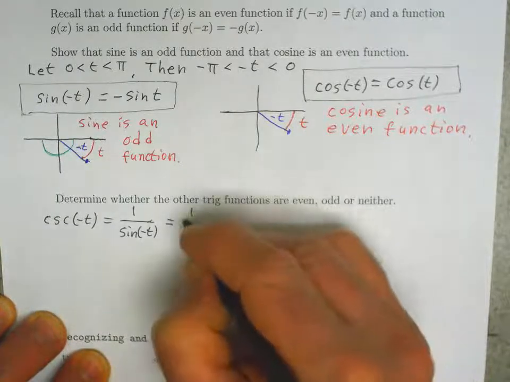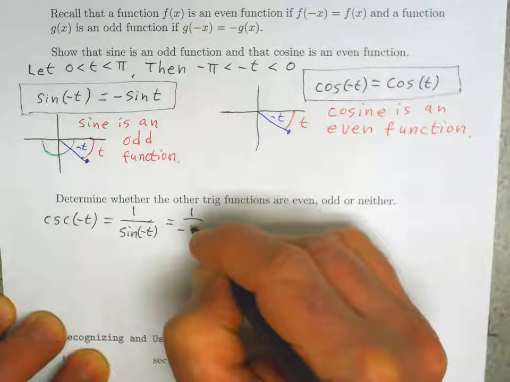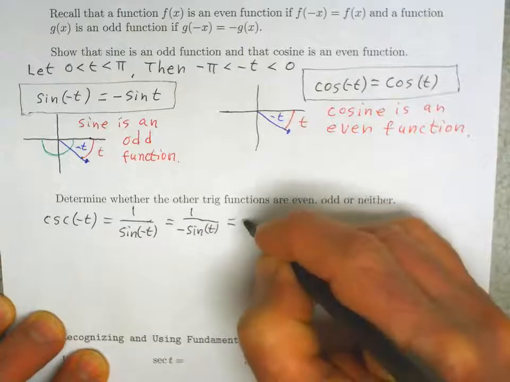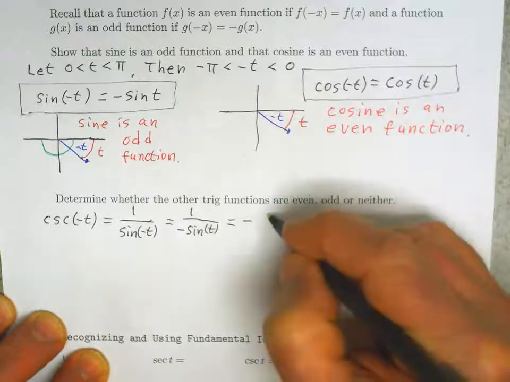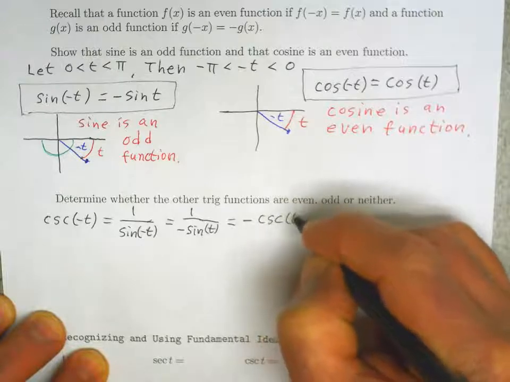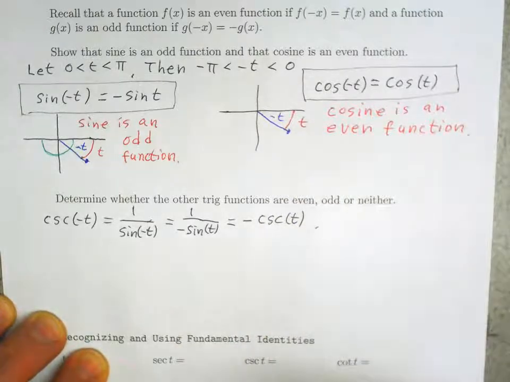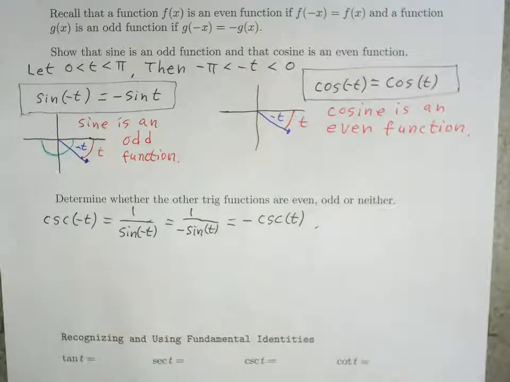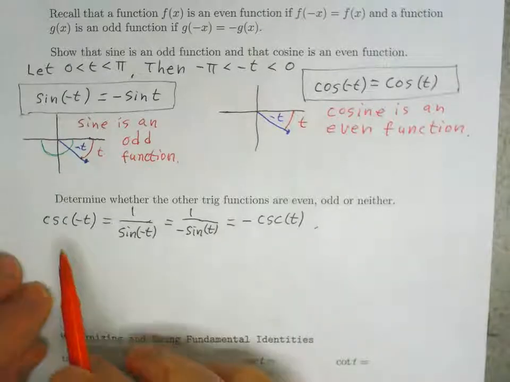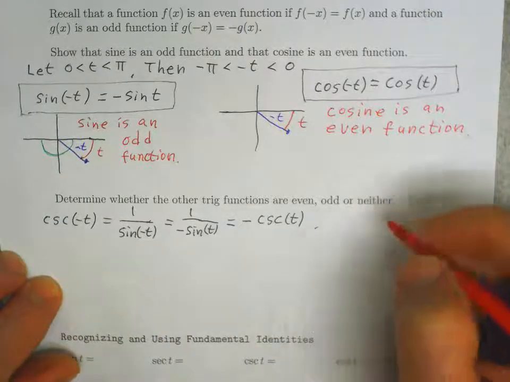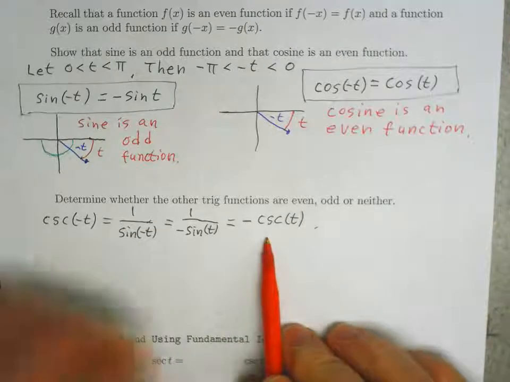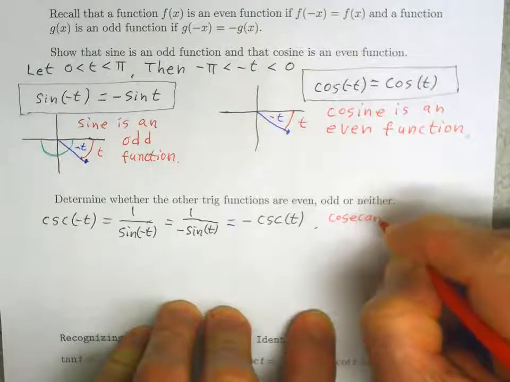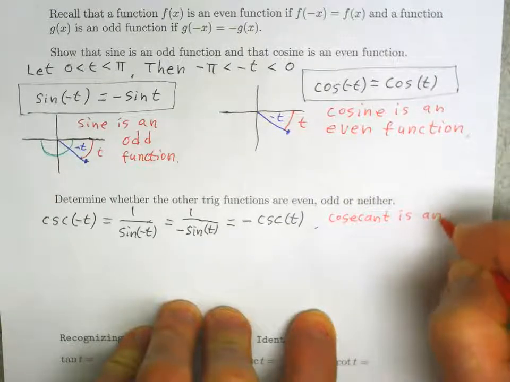So this is 1 over the negative of sine of t, which is the negative of cosecant of t. So this shows that cosecant is an odd function. And that certainly makes sense, because since cosecant and sine are reciprocals, since sine is an odd function, cosecant is also an odd function. So I'll spell that out. Cosecant is an odd function.